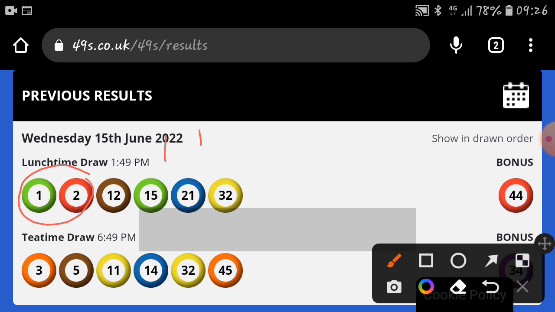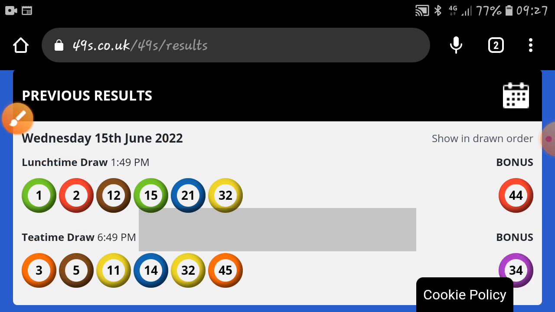So we say 1 plus 2, we get 3. That's the first number that we get from the positions of numbers. They are not changing position. So whether the results came in draw order or in numerical order, these balls dropped at the same positions.